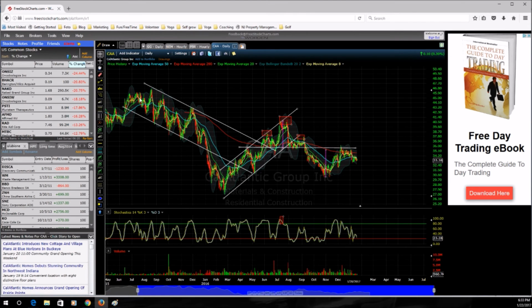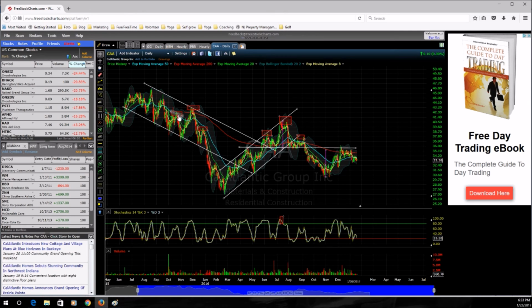You have here a downward channel. Actually, let me show you something here. I just noticed another head and shoulders pattern within the downward channel. As you see here, this is a slanted head and shoulders. We have a breakdown, which is kind of unusual because we rarely see breakdowns from the downward channel.